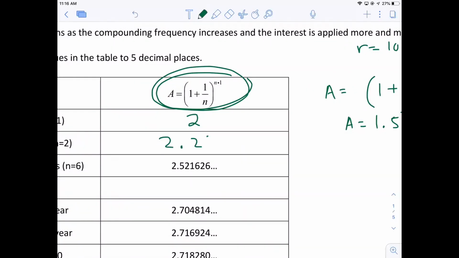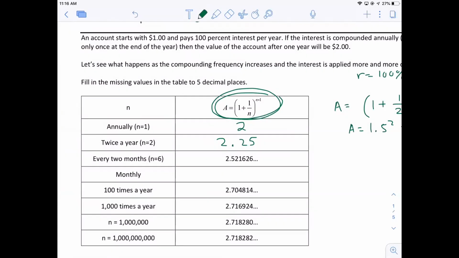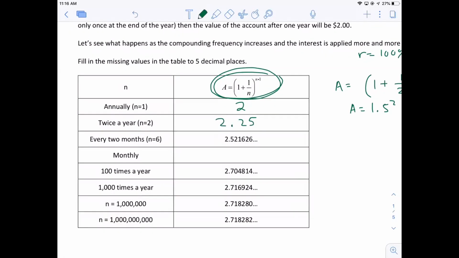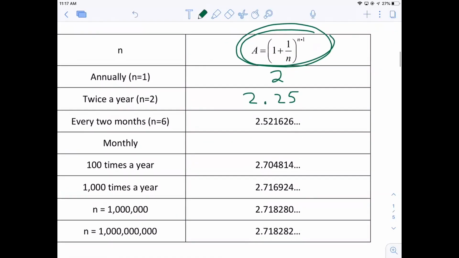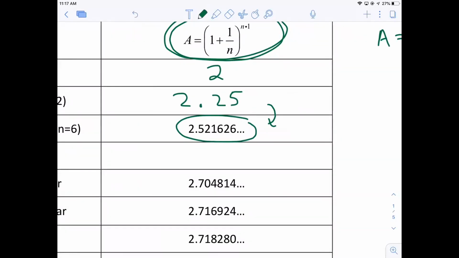We get an entire 25 extra cents if we compound twice a year. I was going to have you guys fill in most of this, but I just gave you the numbers. If you change that n into a 6, if you compound every 2 months, then we get another, I don't know, almost 27 cents. We're going up by 0.27 here. We went up by 0.25 before.